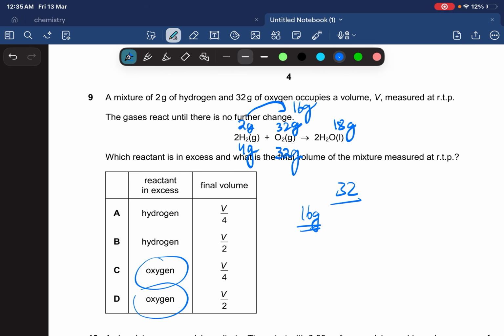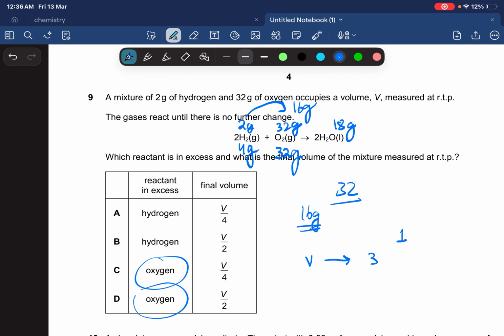Final volume. Which reactant is in excess, and what is the final volume of the mixture at RTP? Firstly it's V, and V has a volume of 2 plus 1. It has a volume of 3, but now only 1 is left.